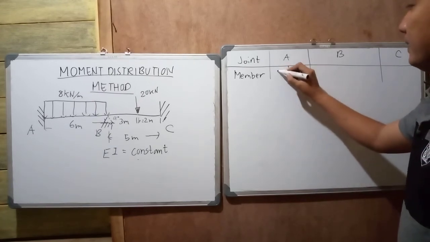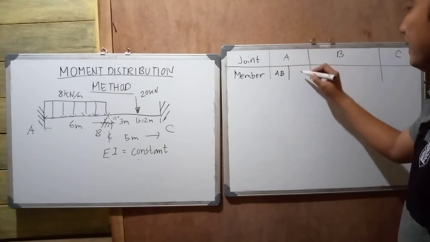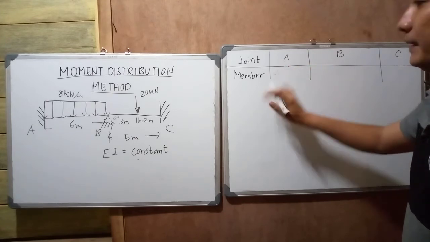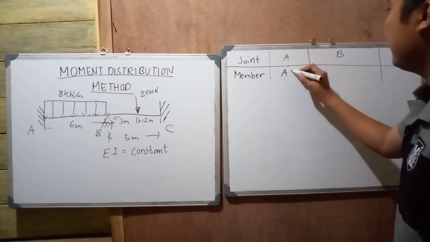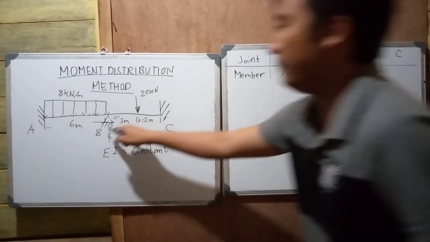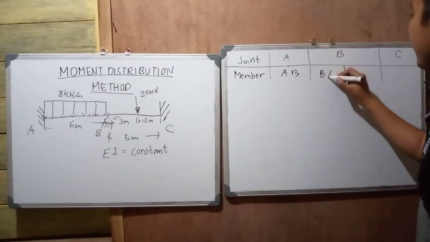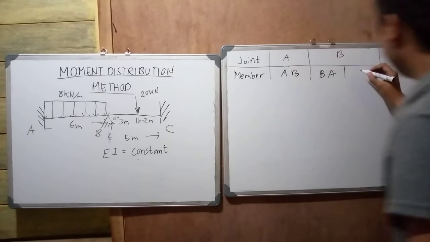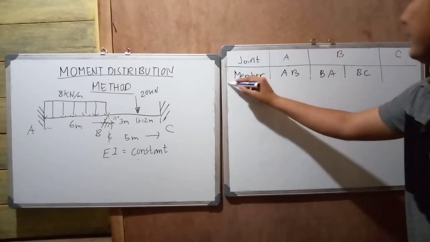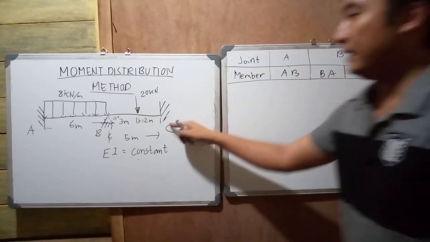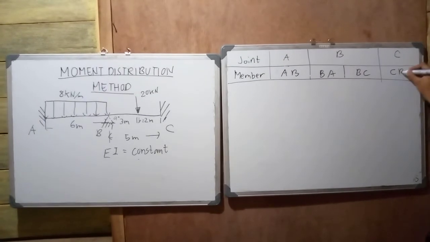Under kay A, meron tayong member na si AB. Okay, AB lang. Kasi nasa labas siya. Then, kay B, meron tayong BA, member BA, at BC. Under kay C, meron tayong member na CB. Okay? Yan.